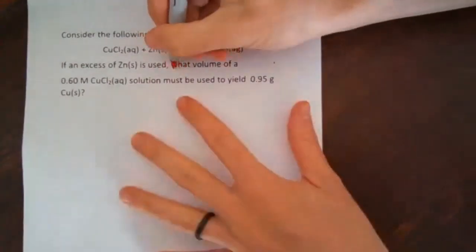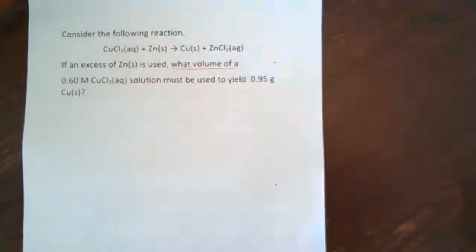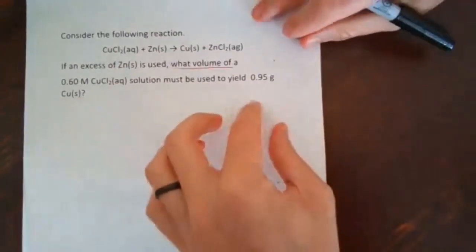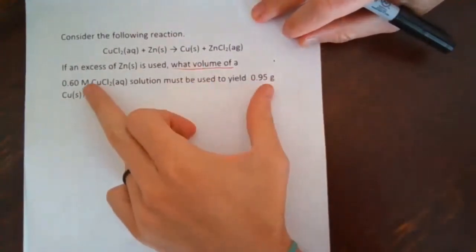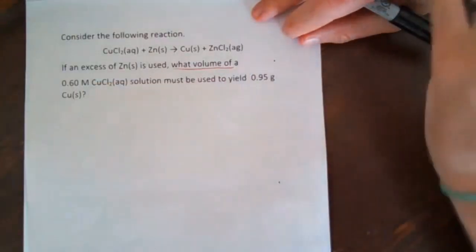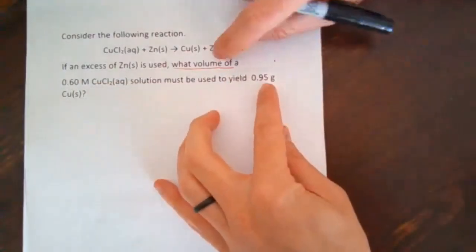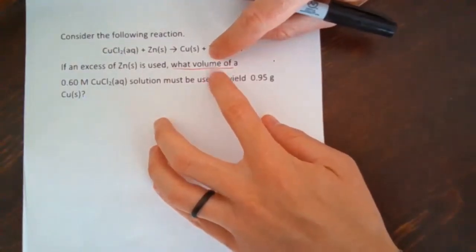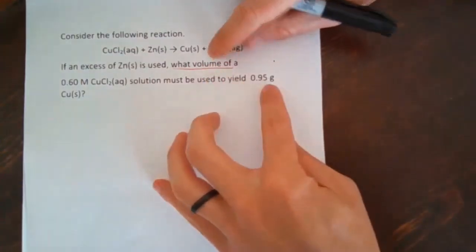Okay, so we want to know what volume of this solution we're dealing with. And we have two values, and it really can be kind of difficult. A lot of times in stoichiometry, we just have one starting value and the rest is an ending value. When we have two values that we're starting with, how we can pick which one is where we want to start is that volume is an absolute amount. It's a volume, an amount of solution, an amount of liquid.